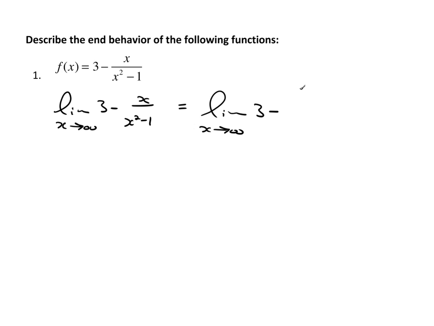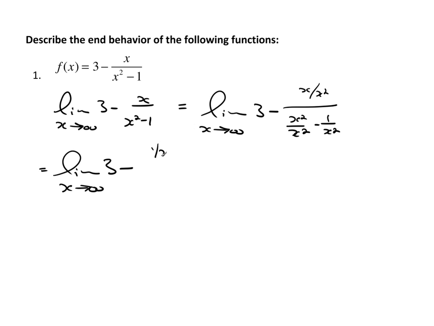So I get 3 over x squared minus x over x squared, over x squared over x squared minus 1 over x squared. This reduces to the limit as x goes to infinity of 3 minus, the numerator is 1 over x, the denominator is 1 minus 1 over x squared. I'm sorry, this is 1 over x, not x squared. There we go.